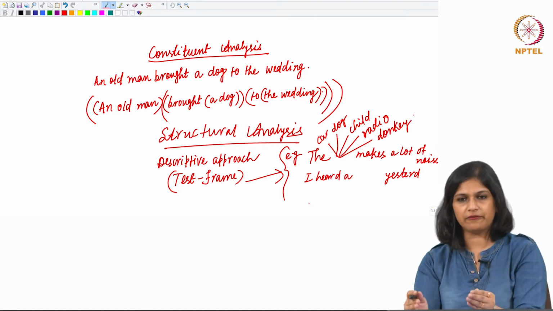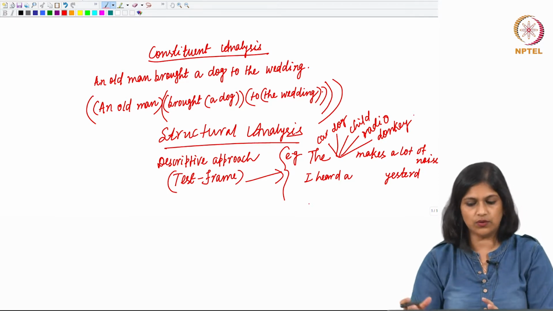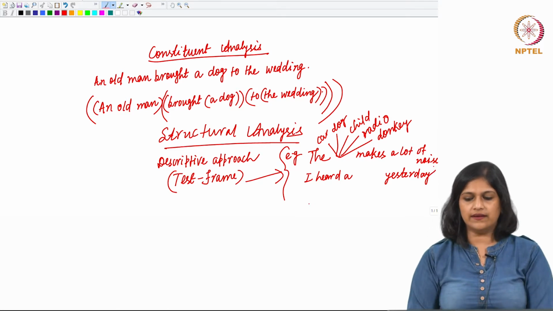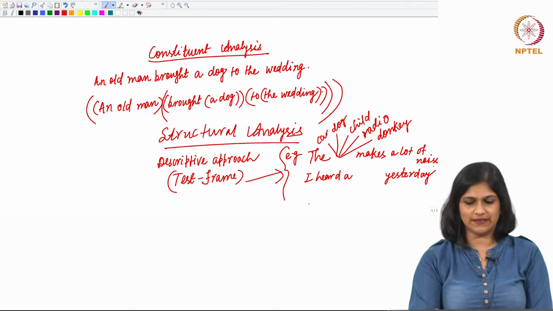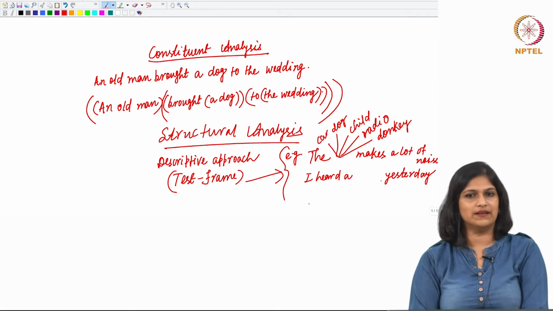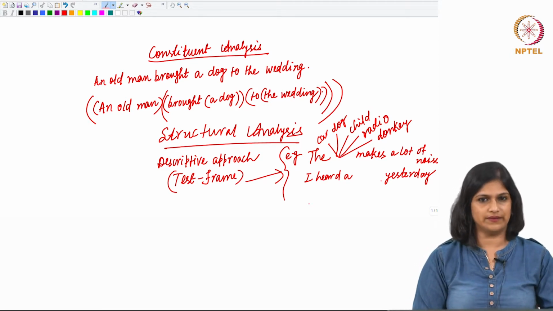In this frame you can insert a lot of other words, but you can't say "I heard a car yesterday." No, you can't do that. So, car does not fit into this frame. Some other grammatical category has to be added over here.